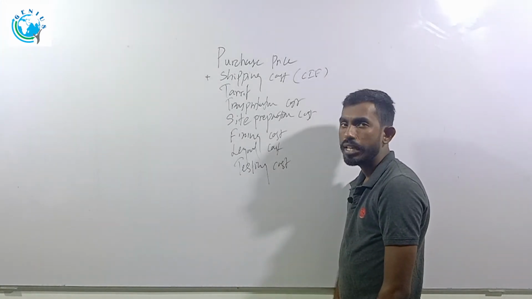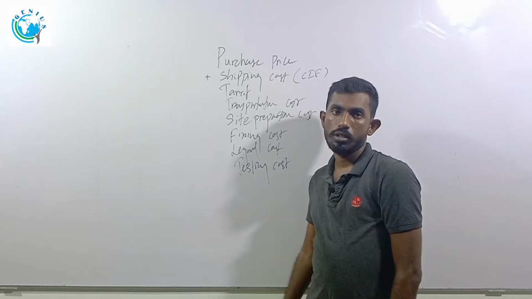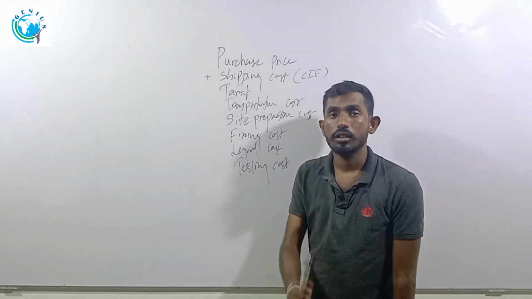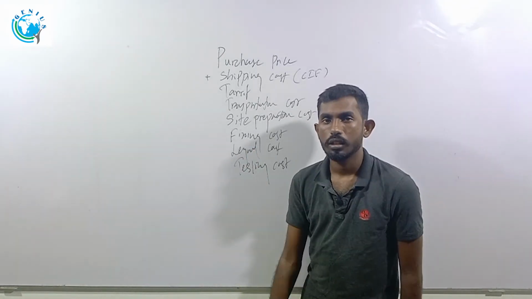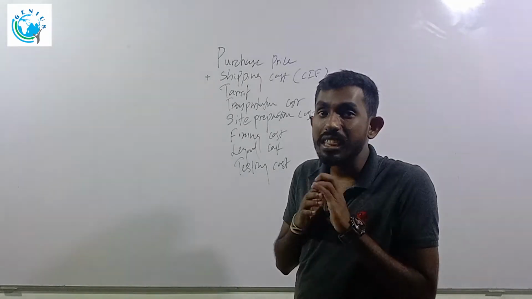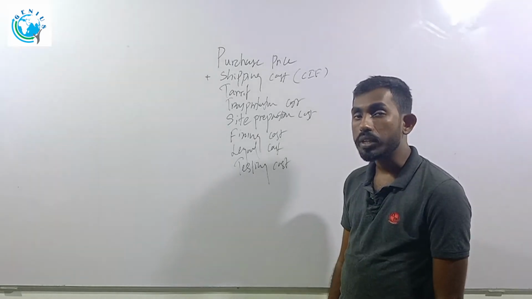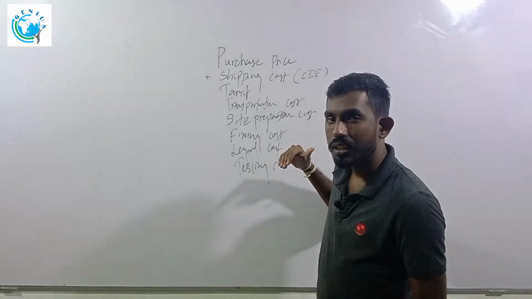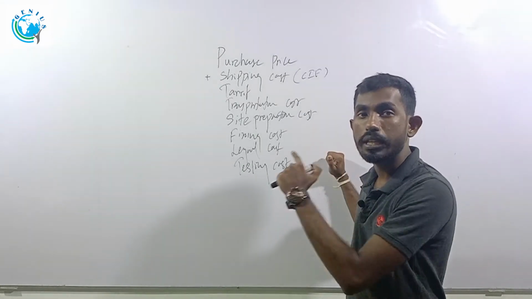No. Why? It's not a compulsory cost item. You can even use that machine without any advertising, without any publicity. You can easily use that machine, right? Therefore, it's not a compulsory cost item, and therefore you cannot include that here.